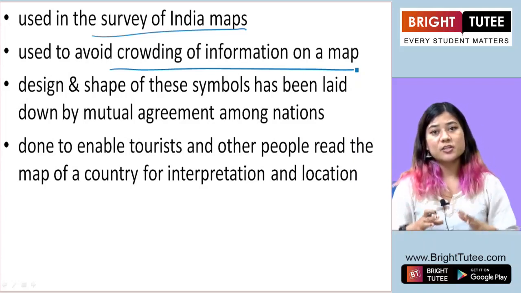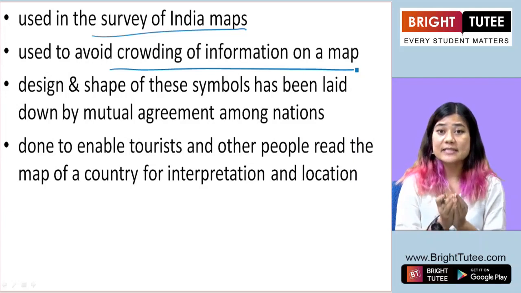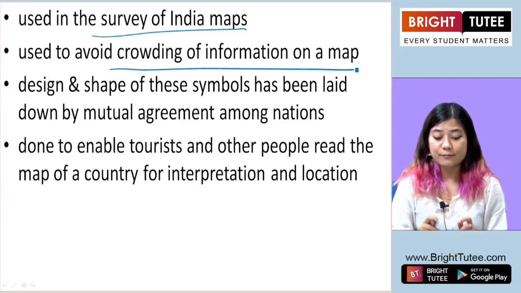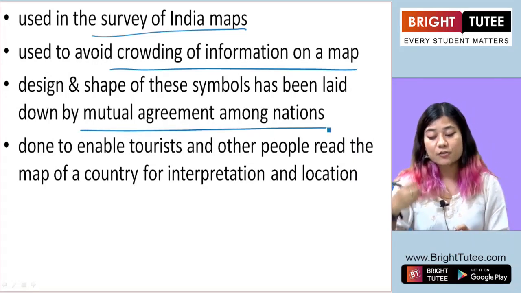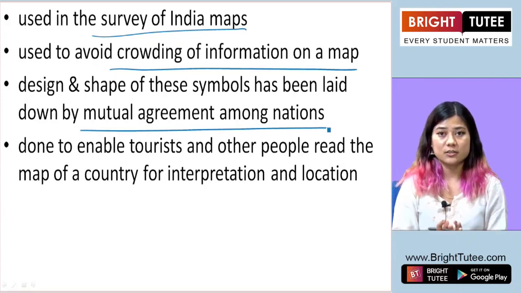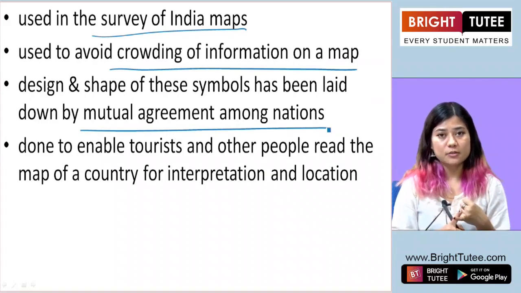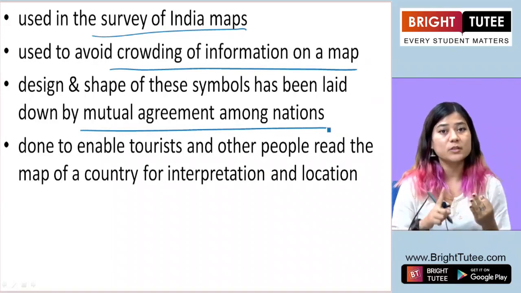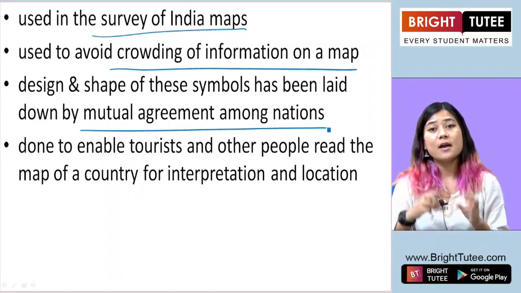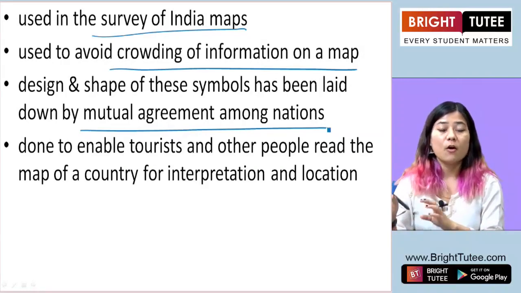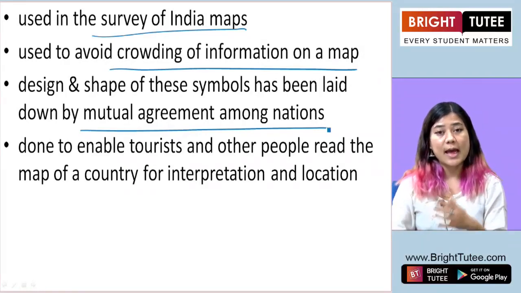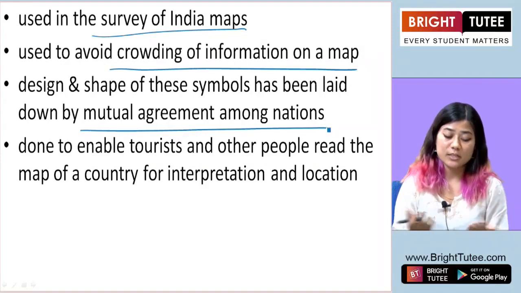And the design and the shape of the symbols are made in a manner that they have been mutually agreed, drawn by nations. Okay, so all the countries come together, they decide what symbols to use, how to draw them, what colors to use, and then they agree to put them on making the maps. Okay, and they hence are universally accepted.